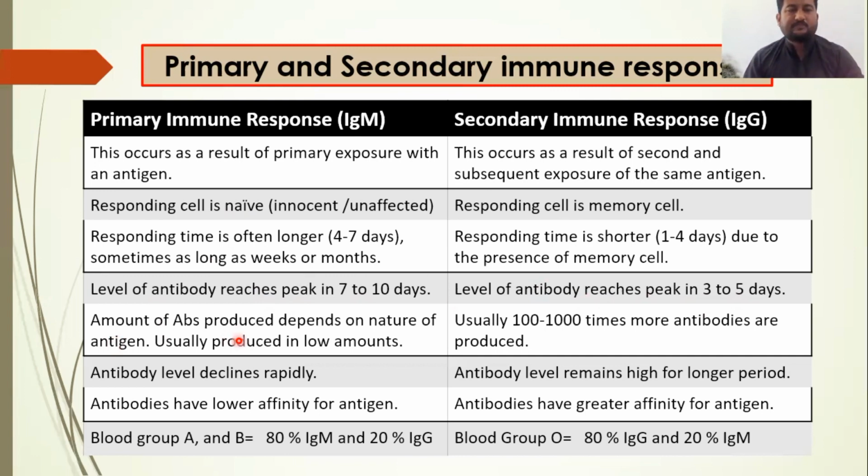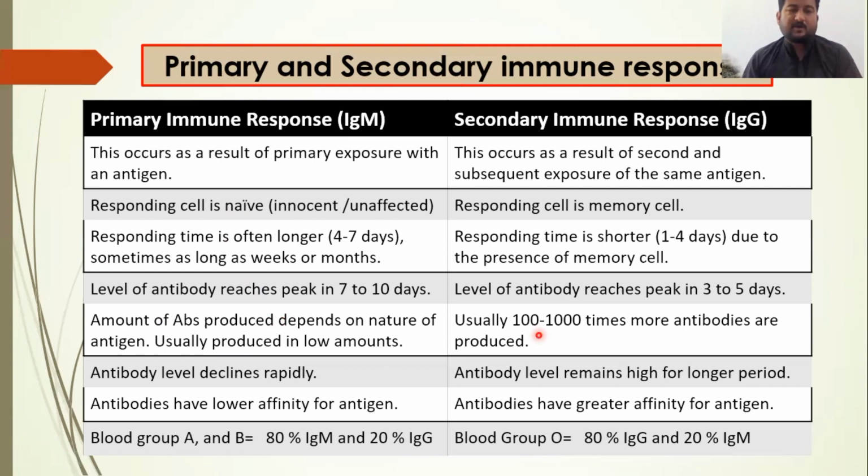Amount of antibodies produced depends on nature of antigen, usually produced in low amount. So actually the amount of antibody depend on the nature of antigen, but in case of primary immune response, usually low amount of antibody is produced. But in case of secondary immune response, 100 to 1000 times more antibodies are produced as compared to primary immune response.